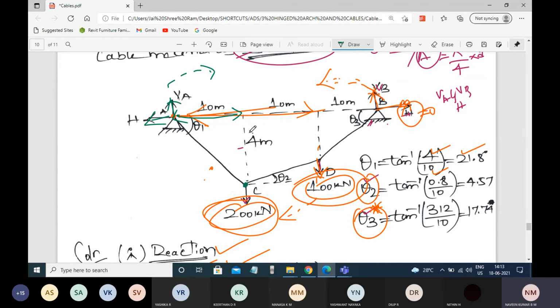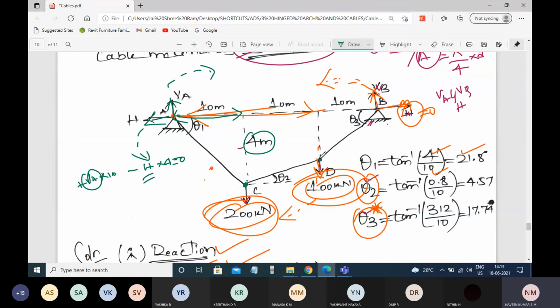To reach C, you require a perpendicular distance of 4 meter, and the direction is anti-clockwise. So minus H times 4 plus VA times 10 equals 0. VA is known, so you can substitute and get H.